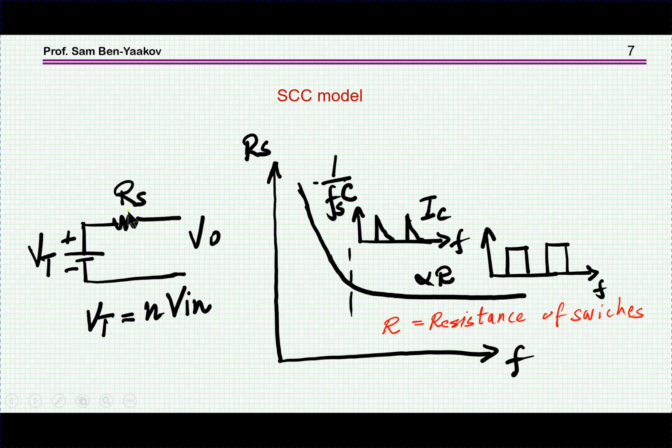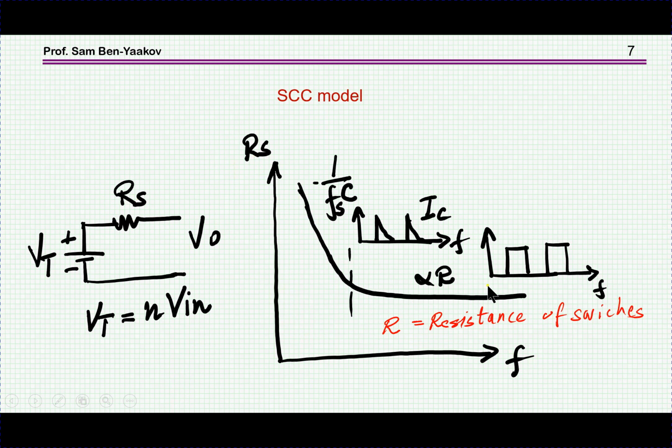Rs, however, has to do with the internal resistance, also with the capacitance, and it can be shown, and it is explained in the reference video that I've mentioned, that if you plot this resistance as a function of frequency, you get something like that. This is the switching frequency.